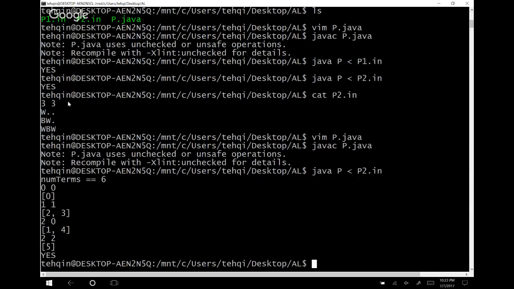If it has 6 terms, so 1, 2, 3, 4, 5, 6, it should have 6 terms. Okay, so 0, 0 just has term 0 in its thing. 1, 1 just has 2 and then 3 in its thing. 2, 0 has 1 and 4 in its thing, and they both can't be true.